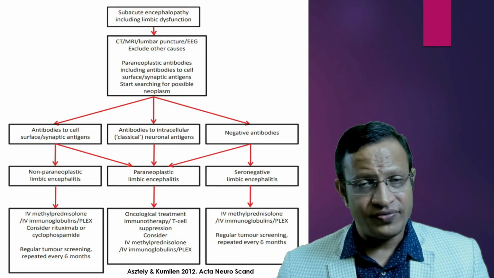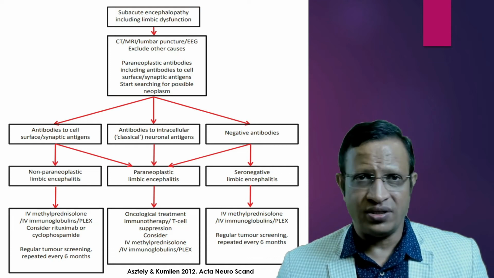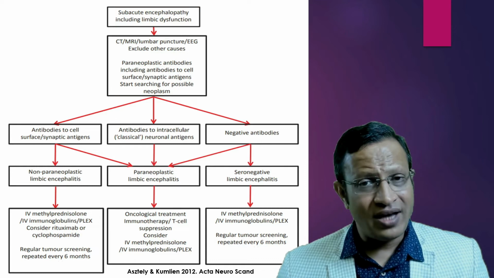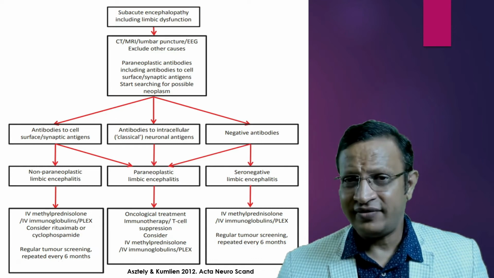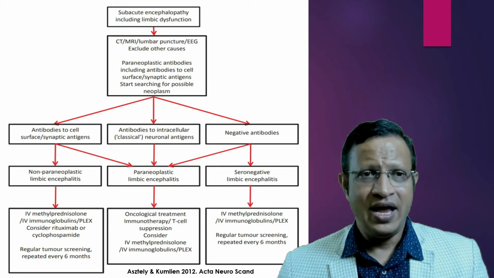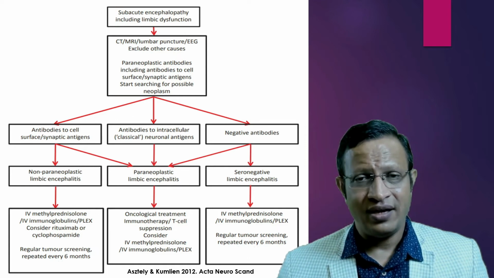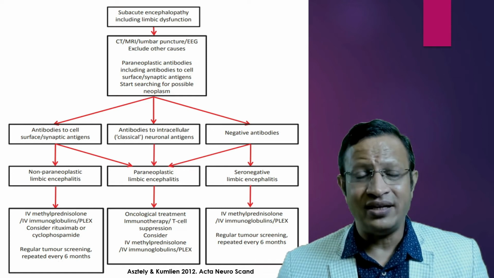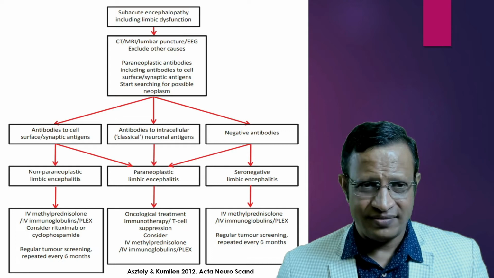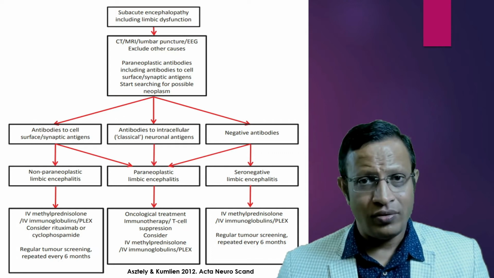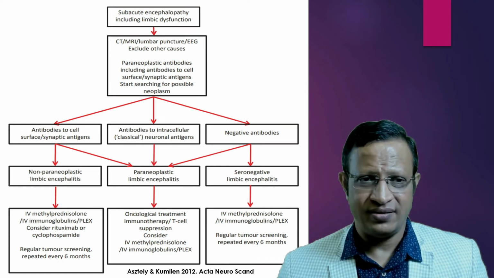You may have to request CT, MRI, lumbar puncture, EEG to exclude other causes, and ask for paraneoplastic antibodies, both in CSF and serum. If antibodies to cell surface antigens are present, that means we are looking at non-paraneoplastic limbic encephalitis. In such a scenario, the first line of treatment is steroids or immunoglobulins.